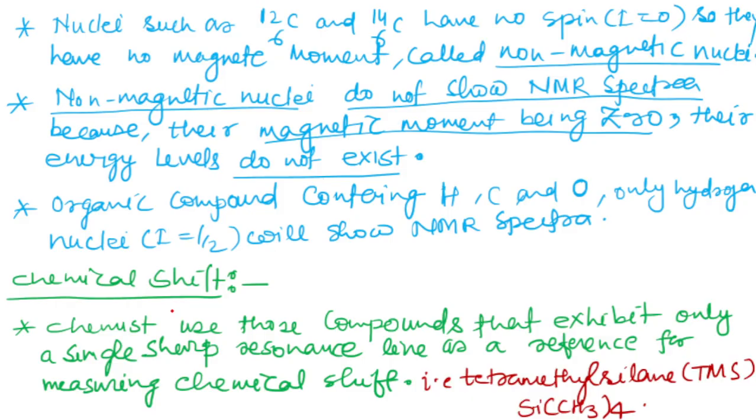Now let's discuss the chemical shift. Chemists use a compound that exhibits only a single sharp resonance line as a reference for measuring the chemical shift, that is tetramethylsilane, TMS.